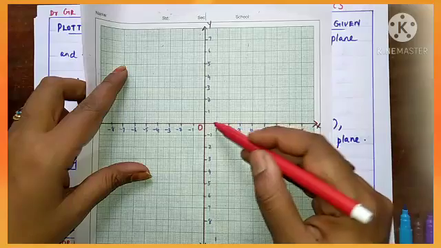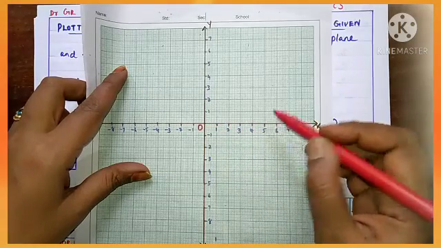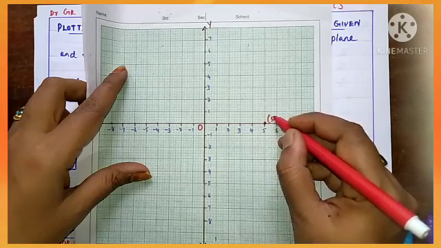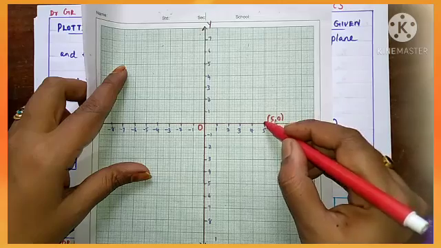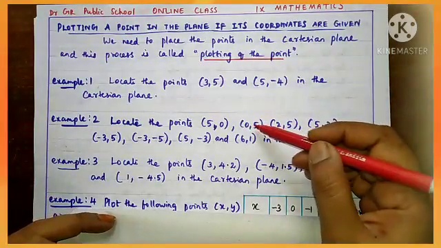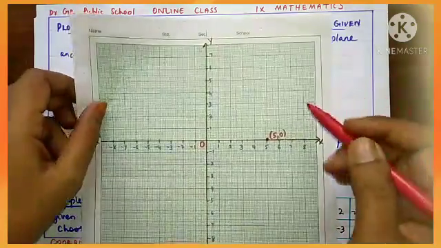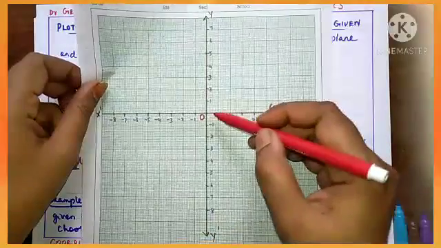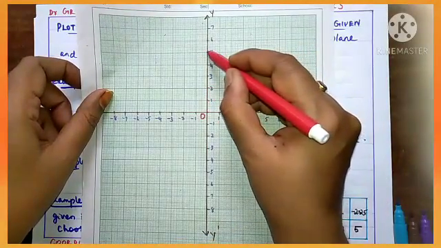What you studied, it will always lie on the x axis. So this is our point (5, 0). Understand? The second point is (0, 5). X coordinate 0 and y is positive. So x coordinate 0, you want to see this origin, and y positive means this is our point.